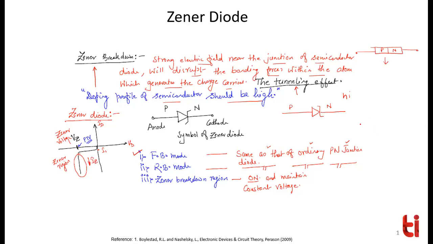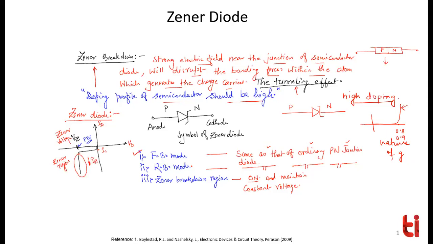So the only thing is you may have a right shifting of the curve like this. You may have the knee voltage at somewhere 0.8 or 0.9, but the nature of the graph will remain the same.